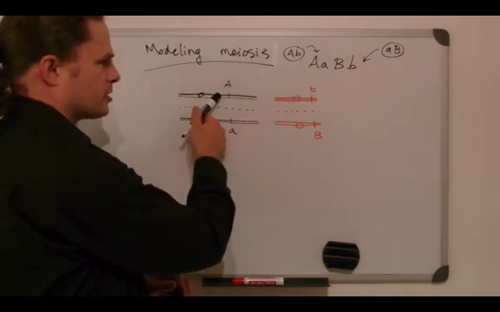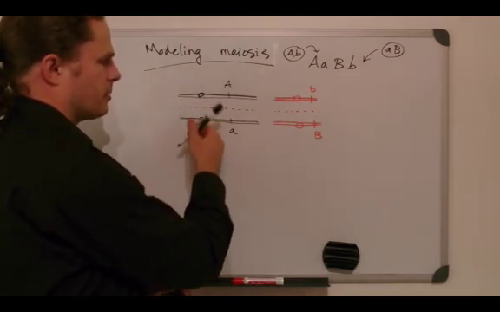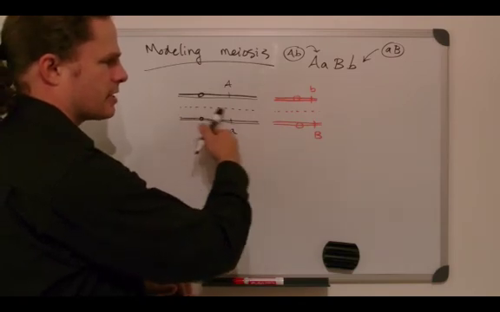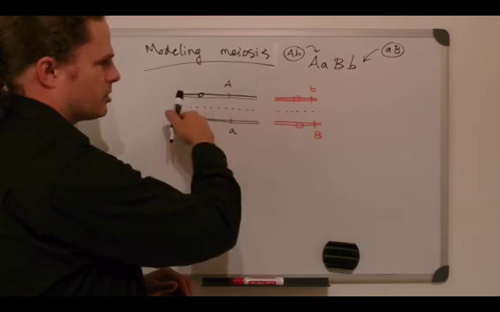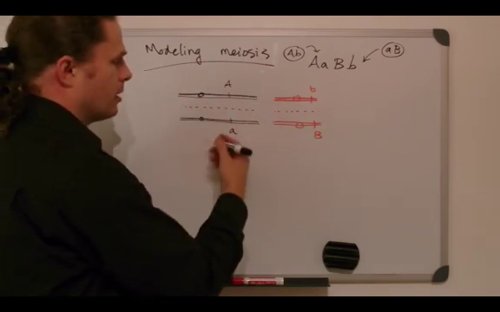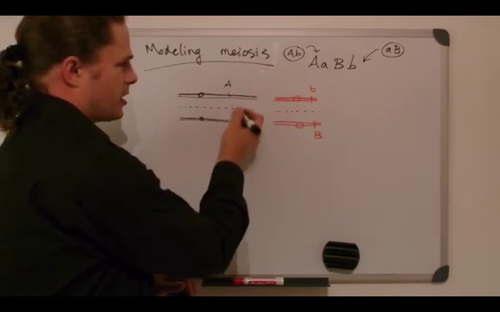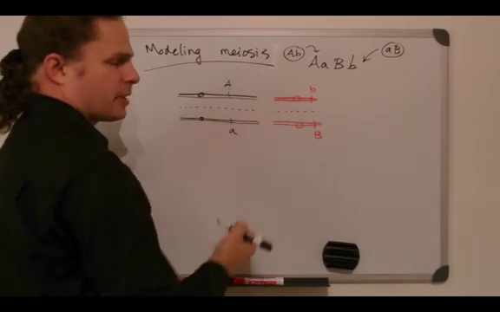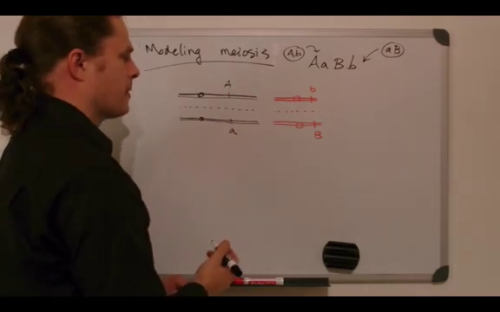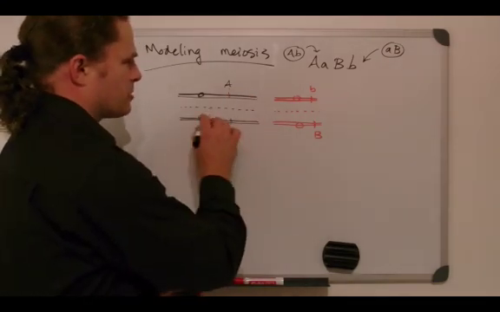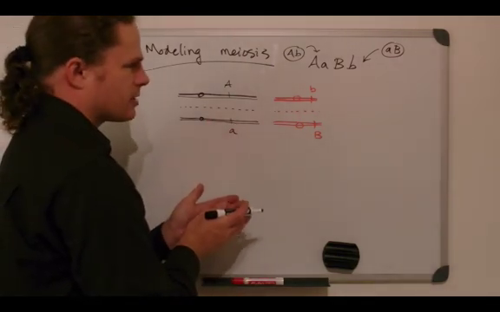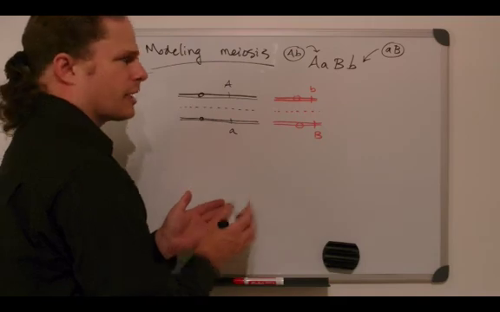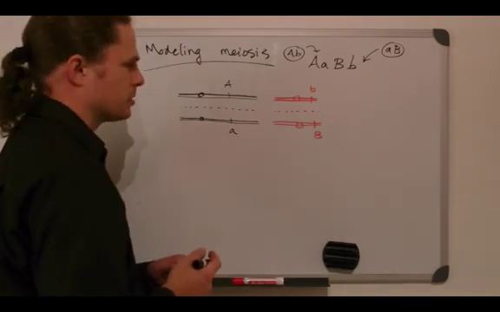We say that these chromosomes are homologous to each other because they have the same loci, the same basic sequence along their length with the different loci in the same order, although there may be slight variations in sequence, obviously, because we can have different alleles present. So homologous chromosomes find each other and pair with one another, and that's called synapsis, and that's our starting point for the next steps of meiosis, which is what we'll turn to next.